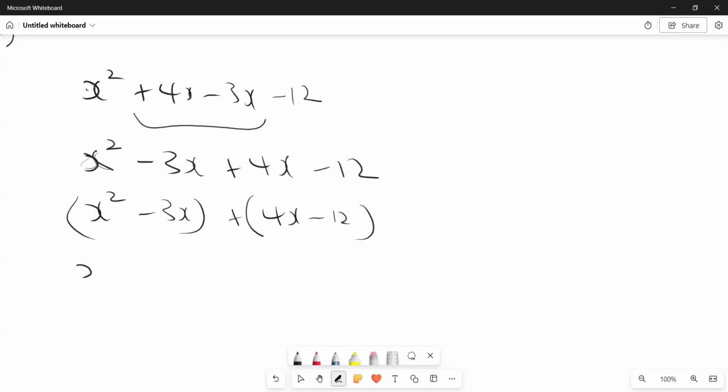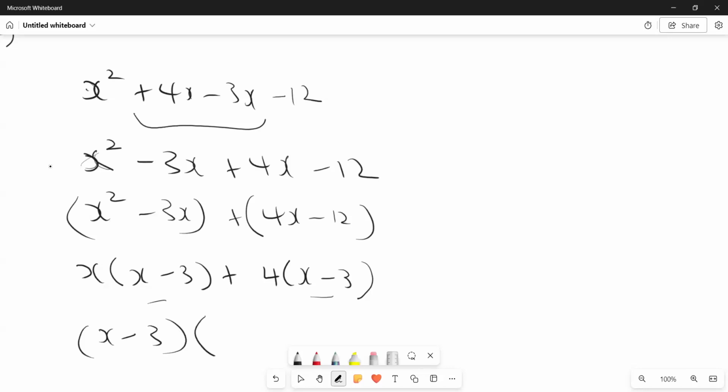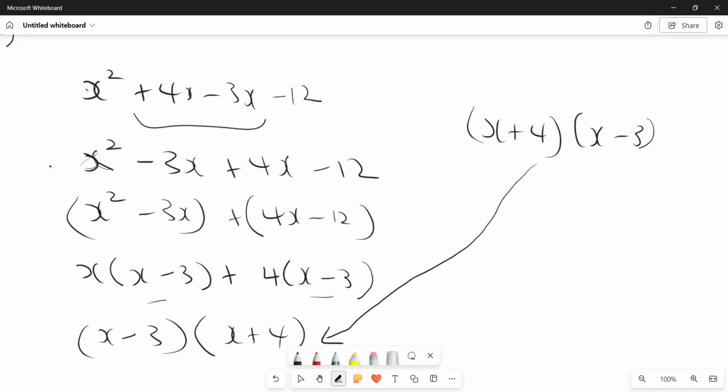So now you get x into x minus 3, plus 4 into x minus 3. Pull this to the front, so you get x minus 3 times x plus 4. In the previous ones, our answers were x plus 4 times x minus 3. But these two things are the same thing.